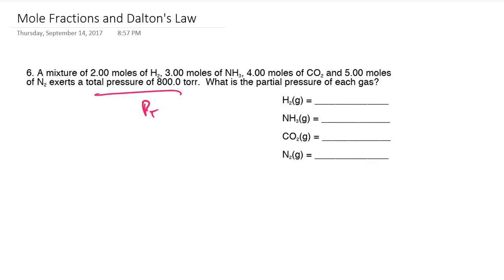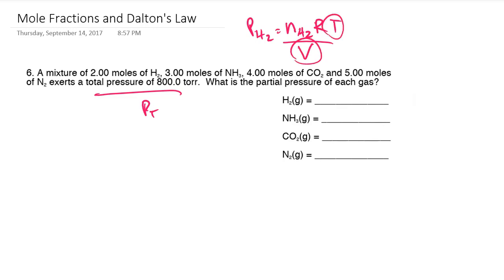Now, you could, in theory, suppose if I wanted to calculate the partial pressure of the hydrogen, I could take the number of moles of the hydrogen, multiply by the ideal gas constant, multiply by the temperature, if I had it, and divide by the volume. But notice in this case, I'm missing the temperature.